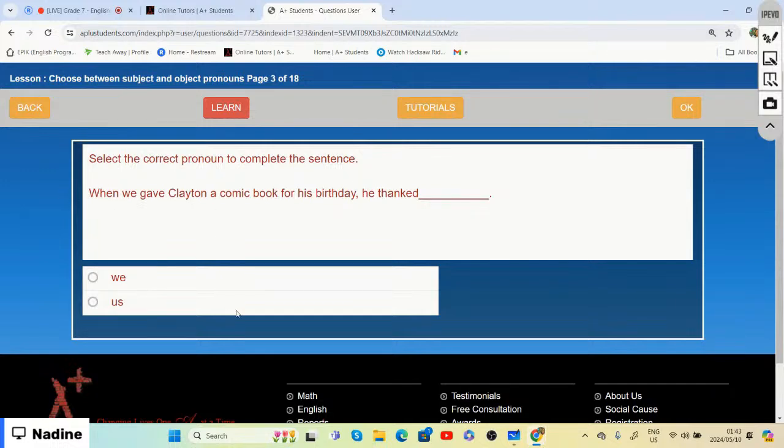When we gave Clayton a comic book for his birthday, he thanked we or he thanked us?